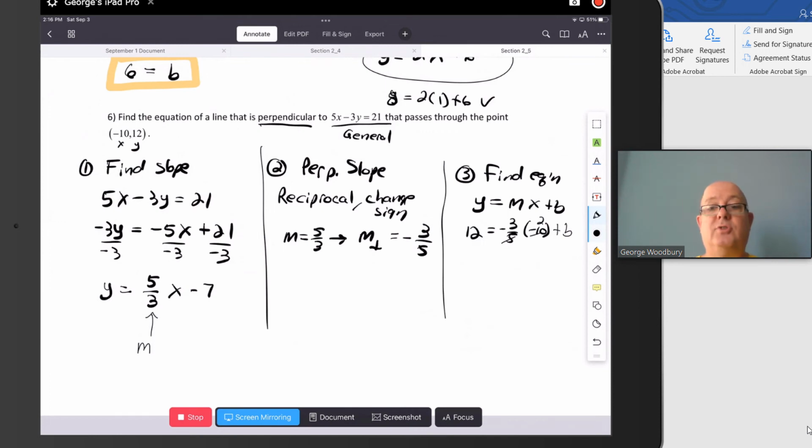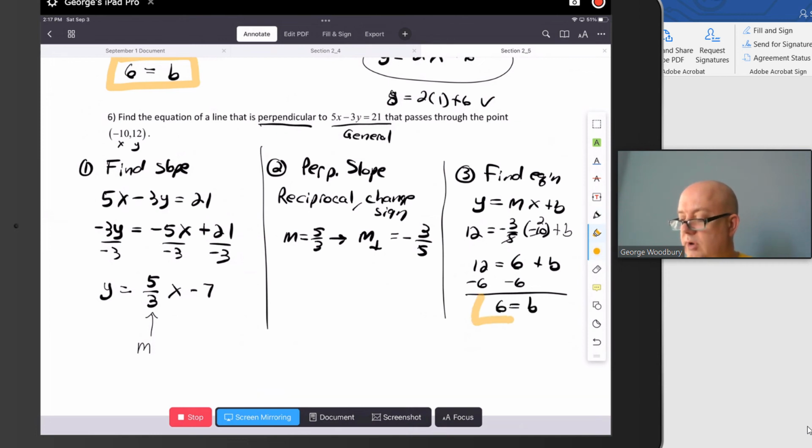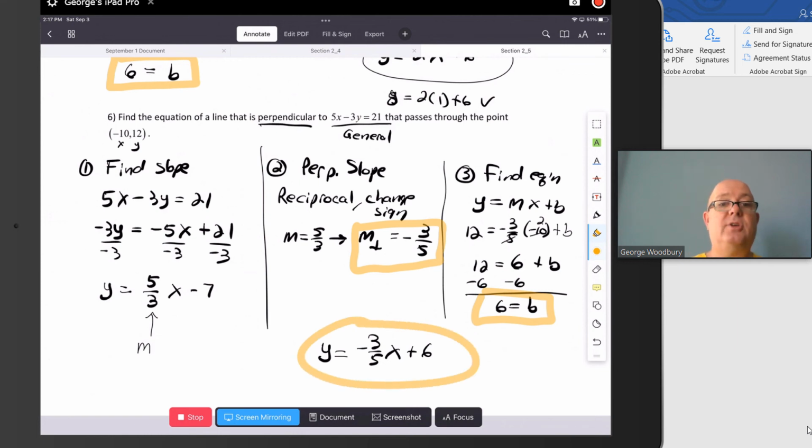So negative 3 times negative 2, that's positive 6. I've got 12 equals 6 plus b. To solve for b, I subtract 6 from both sides. 6 equals b. So I found the y-intercept. I have a slope to work with. Now I can write the equation. y equals negative 3/5 x plus 6. That's the equation that's perpendicular to 5x minus 3y equals 21, and it also passes through the point negative 10, 12.